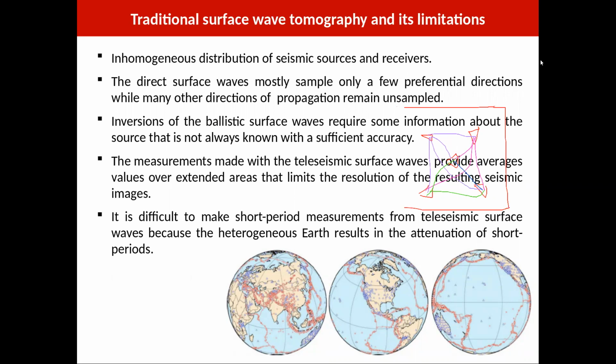Now, if we have more stations, say located in this area, at this part of our study area, then in this case, it gives us a much higher resolution, because now we can also do the cross correlation between this and that, that and that, and these and that, and these stations.